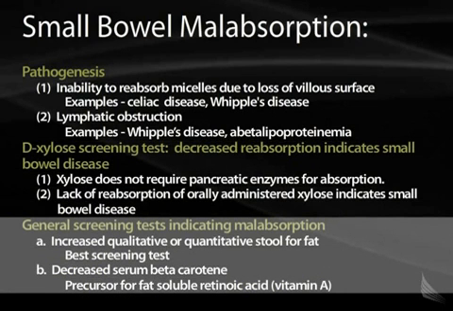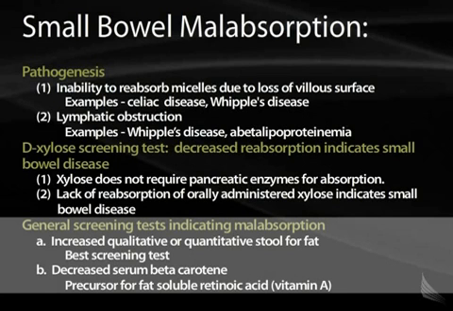General screening tests which indicate malabsorption are, number one, qualitative or quantitative stool for fat. This has to be done carefully because the patients normally have to be on a controlled fat diet for 48 hours before measuring their stool for fat.